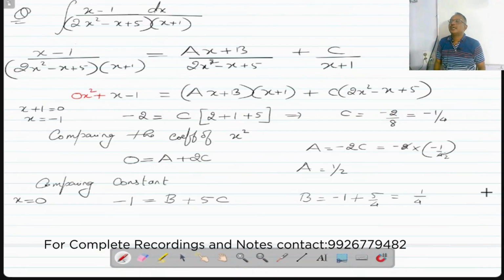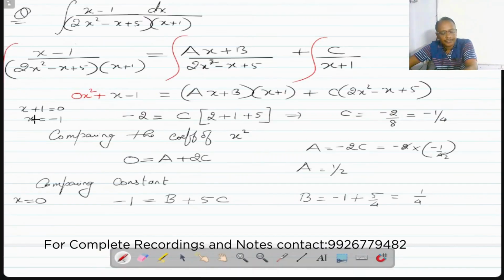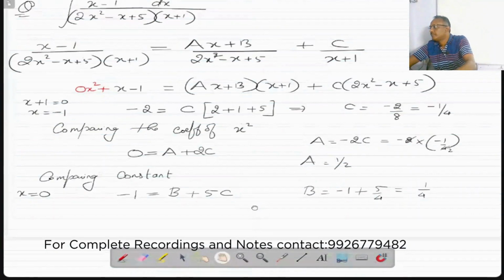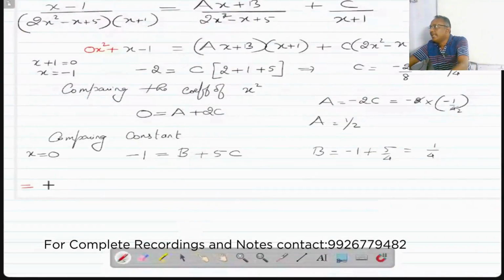Now comes the integral part. How to integrate now? तो बेटा, इसको इंटीग्रेट करना मतलब अभी इसको इंटीग्रेट करना हो गया. ठीक है, वो कैसे करेंगे? ऐसे करेंगे. What is a now? 1 by 2x.